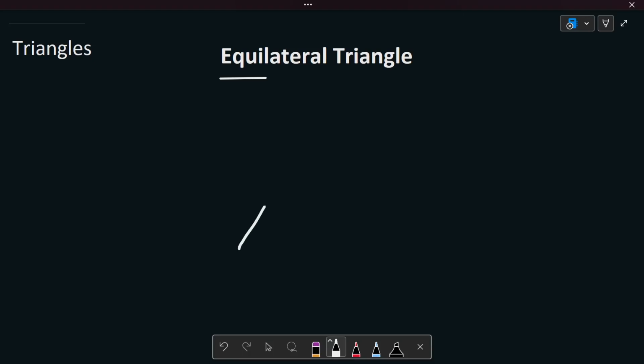So we have this line over here, this line of the triangle. It's not going to be the best looking triangle that exists, but it's fine. An equilateral triangle is a triangle where every single side is equal.